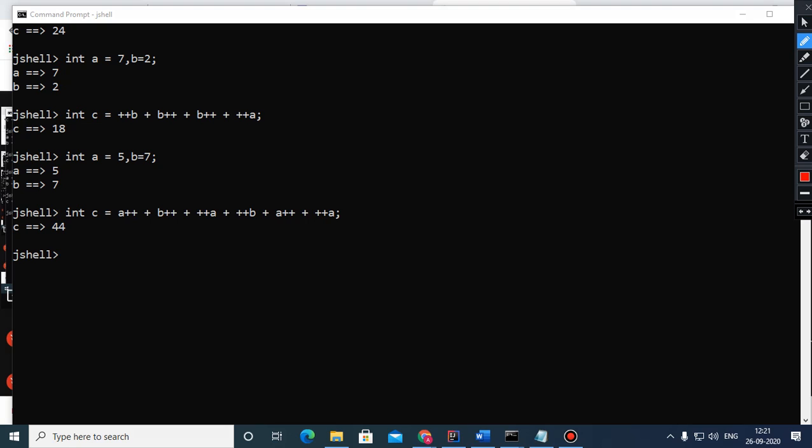Initial value of A is 5. So we will be using 5. But when control reaches here, we will be using 7 for this A. And when control reaches here, we will be using 7. And when control moves from here, it is 8. And when it reaches here, it becomes 9.